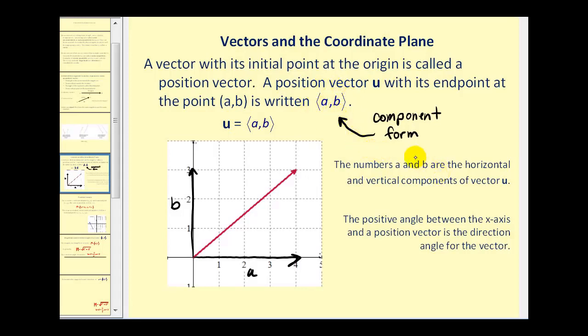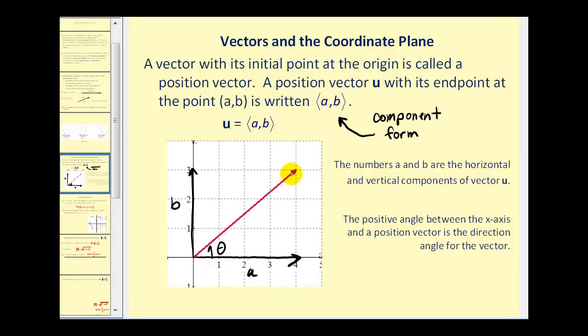The numbers a and b represent the horizontal and vertical components of vector u. Notice in black this would be the horizontal component, so we can label this a, and the vertical component is here, so we can label this b. The positive angle between the x-axis and a position vector is the direction angle for the vector. That would be this angle here.